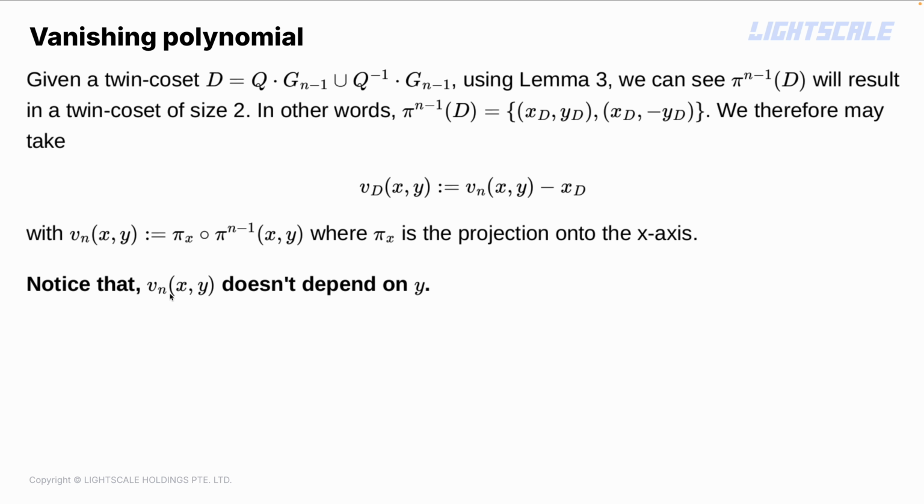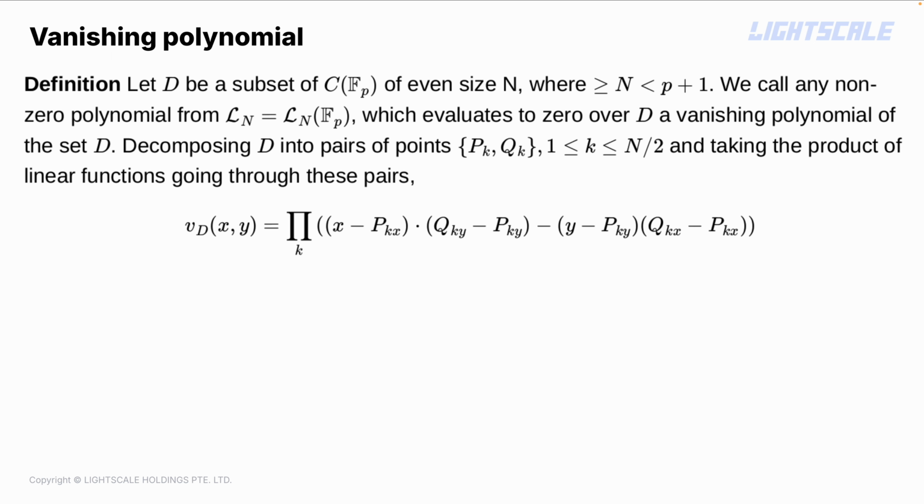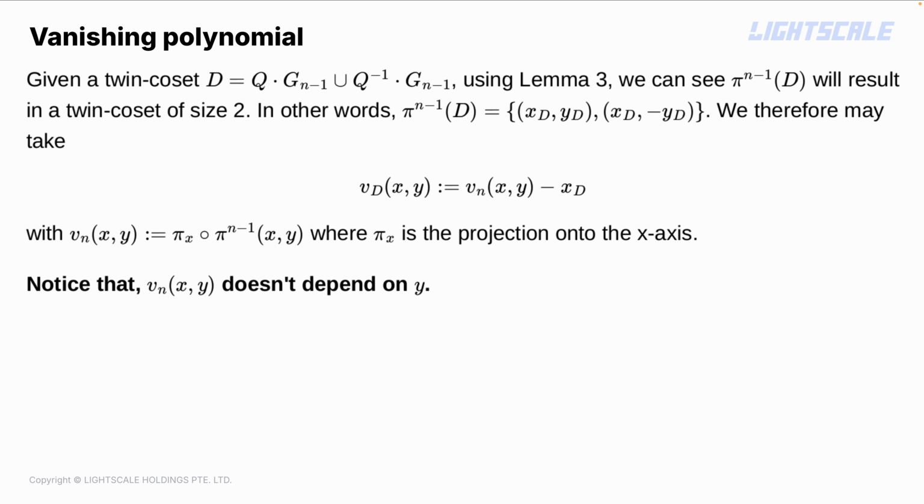And notice that only the coset that has size 2 has a special form, because if you look at the previous slide, this is not the same form as the next one. So this is another form of defining it, and we can see that it vanishes, right?